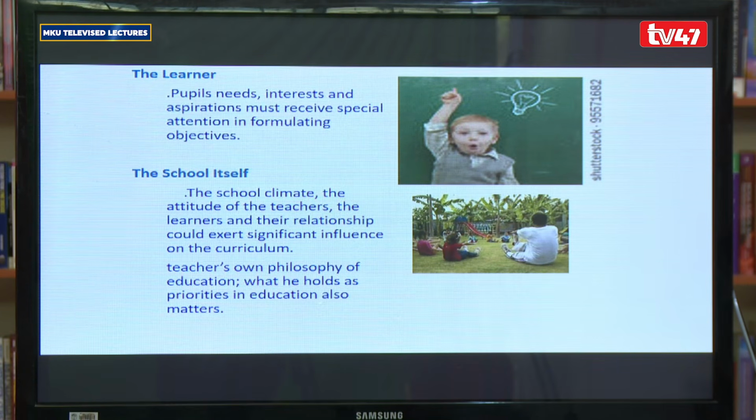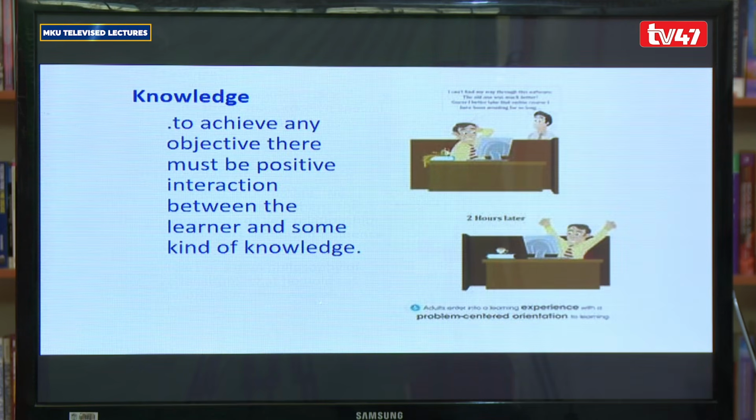Then we have the school itself. The school climate and the attitude of the teachers will also determine the objectives of learning. The teacher's own philosophy of education, what he holds as a priority in the education, also matters very greatly as such.